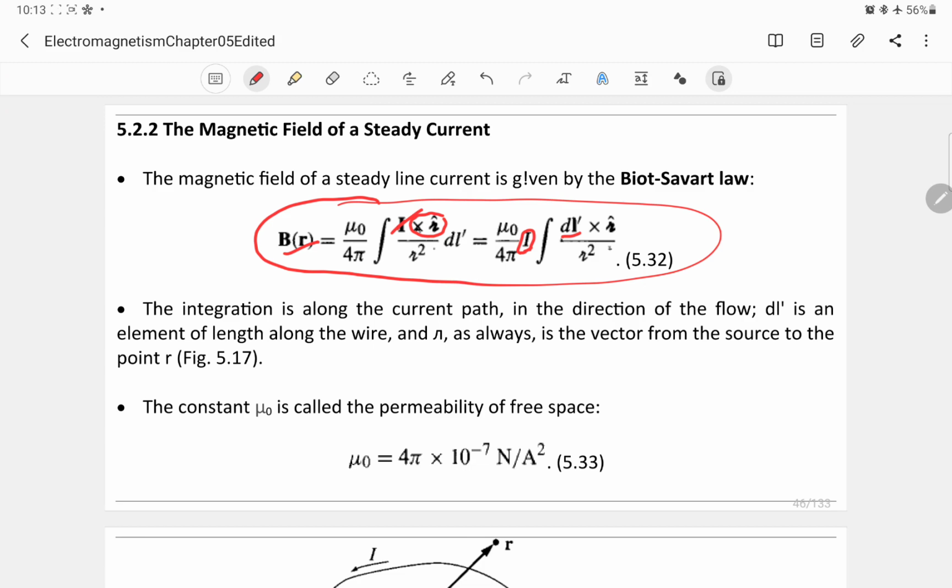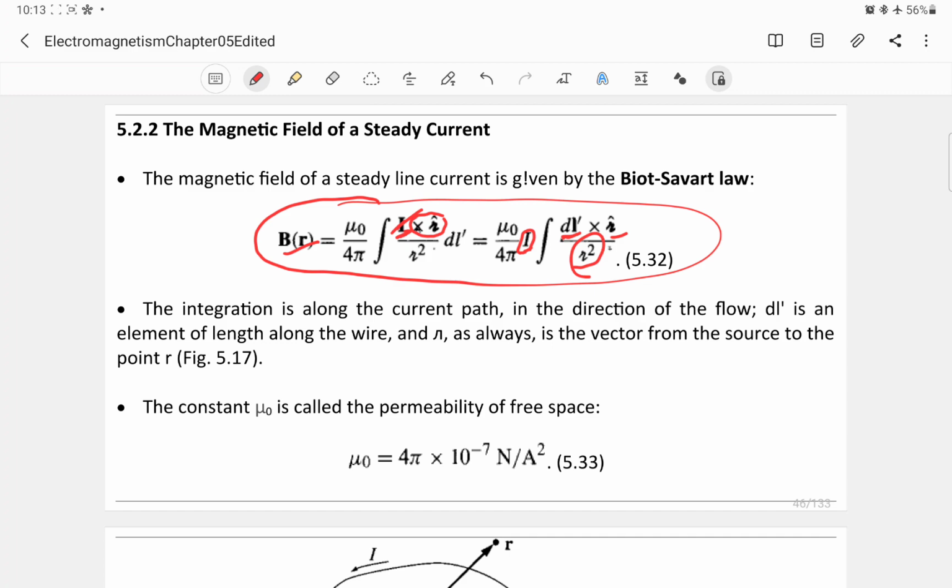So here you have dl, which has the same direction as I, or you can say dl prime, and then you cross it with r, the vector between the source point and the field point. The integration is along the current path in the direction of the flow.